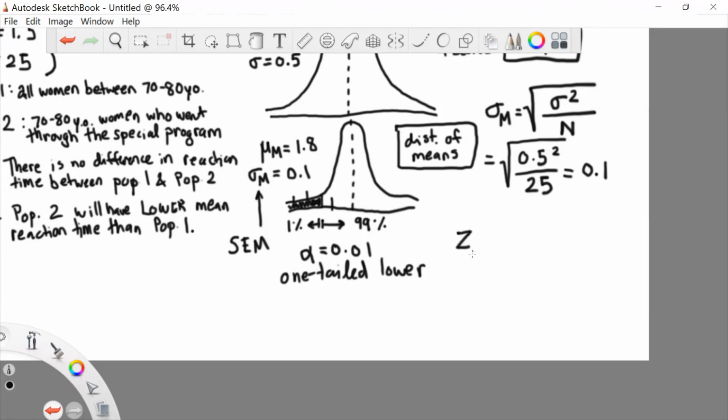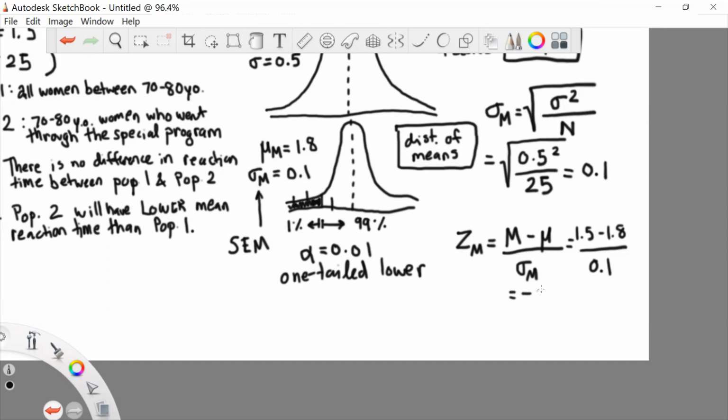The z-score of a sample mean is given by our sample mean minus the mean of the distribution of scores, the null hypothesis distribution, divided by the standard error of the mean. So this was 1.5 minus 1.8 divided by 0.1.